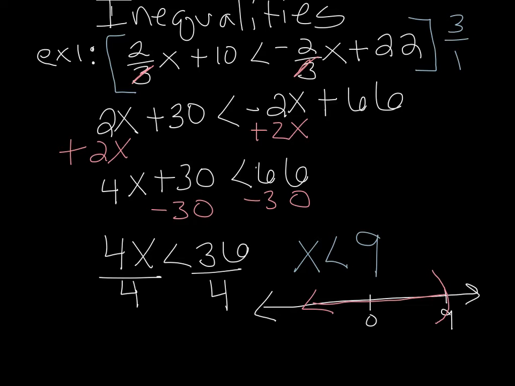If you wanted to write it in interval notation, we have to think about what's on the left. It's infinity, and any time that we use infinity, we always use a parenthesis. So my interval would be from negative infinity to 9.